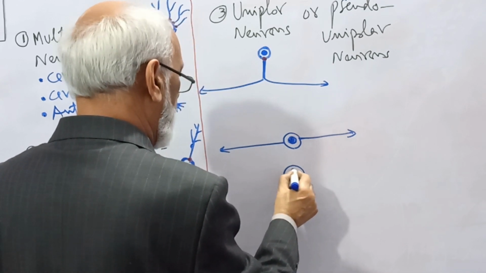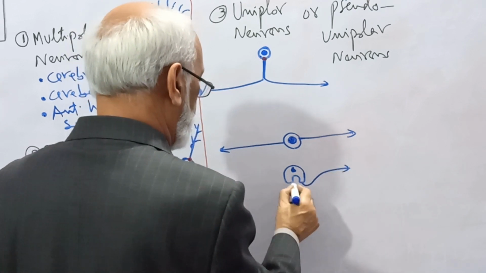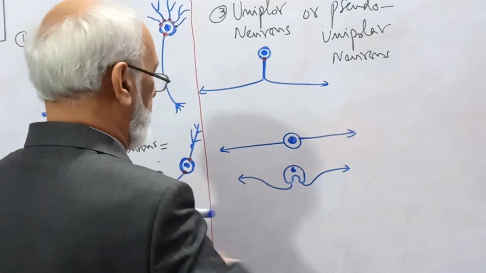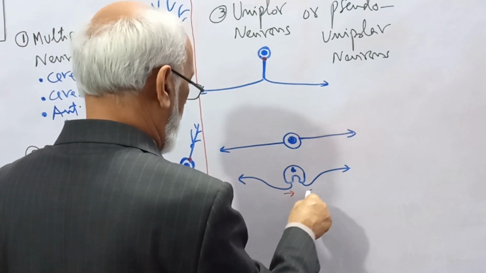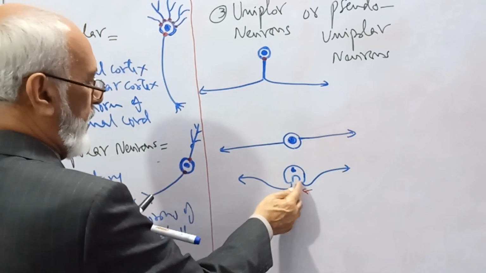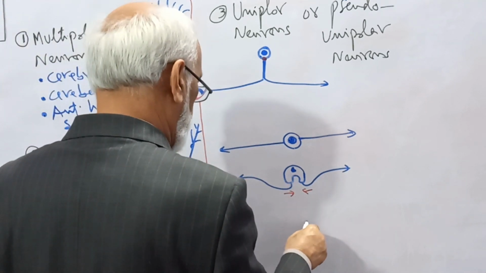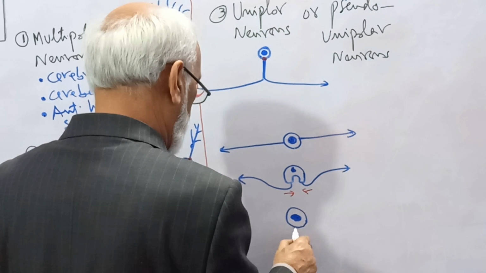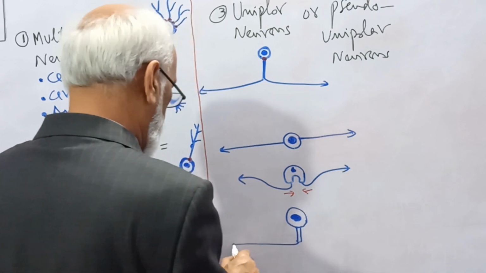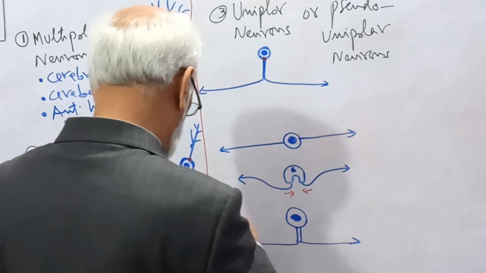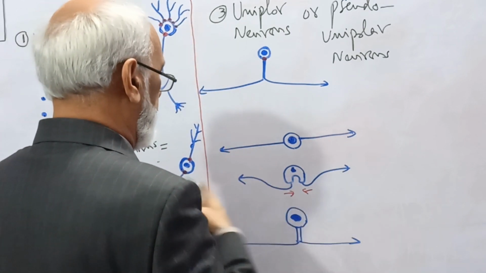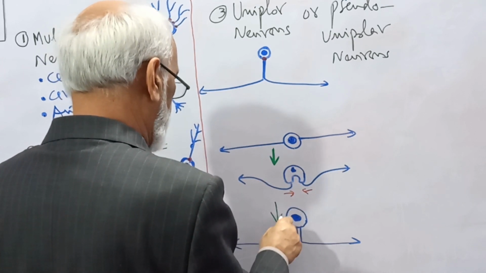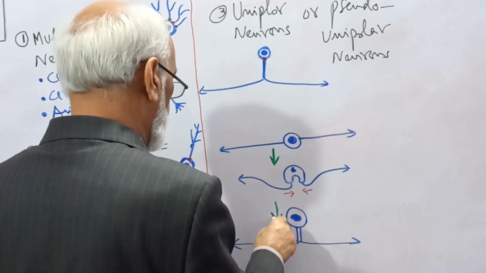This process continues till the two processes meet and form one common stem, which then bifurcates into a central process and a peripheral process. These are the steps in the development of these unipolar or pseudo-unipolar neurons.